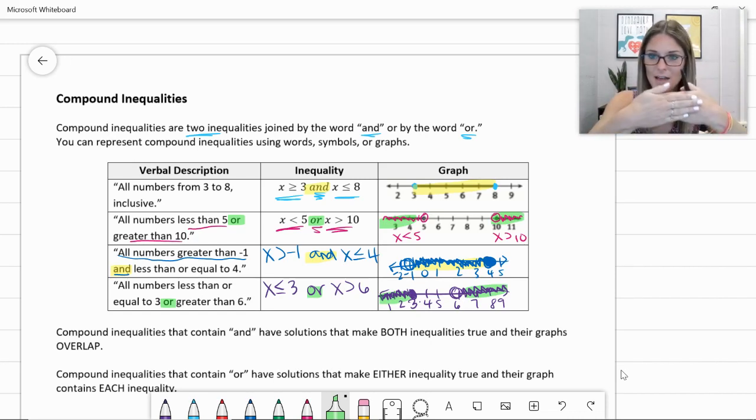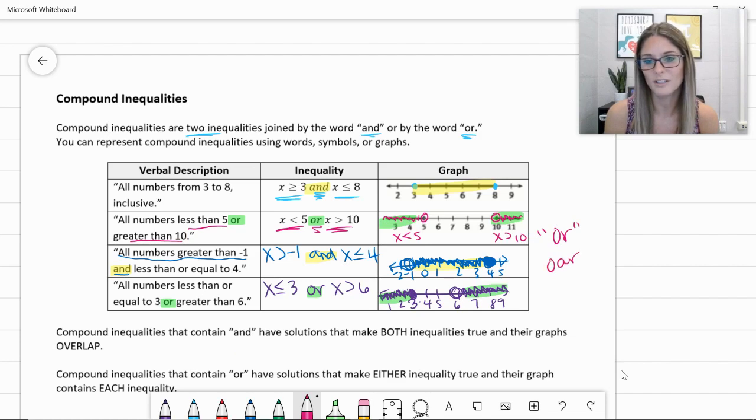Ands overlap and they shade in the center with each other. Ors shade opposite directions. And you want to know my memory device? It's really awful. Ors are like oars on a boat. They go opposite directions. If this was my boat, you think it's cute? It's great.